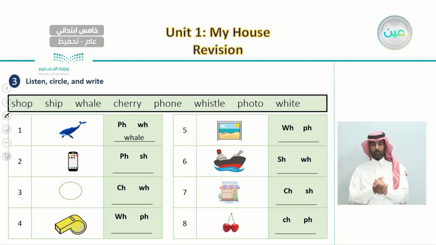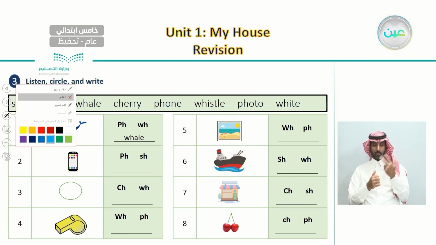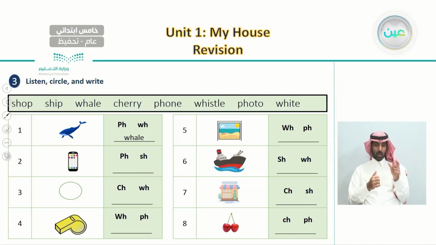Now, the last exercise we have is listen, circle, and write. Here, as you can see, we have eight different words. The first one is shop, ship, whale, cherry, phone, whistle, photo, and white.